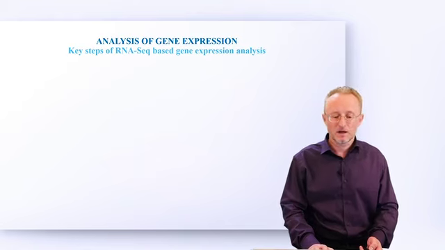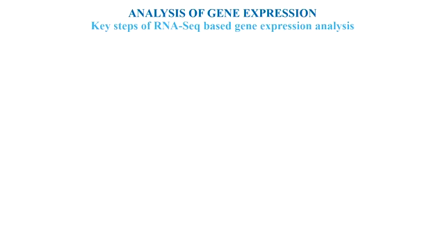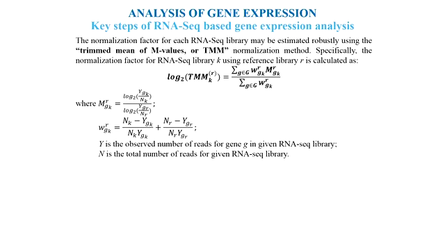There are various approaches to calculating the normalization factors. For instance, the normalization factor for each RNA-seq library may be estimated robustly using the trimmed mean of m-values, or TMM normalization method. By this method, the normalization factor for the RNA-seq library K using the reference library R is calculated as shown on the slide.